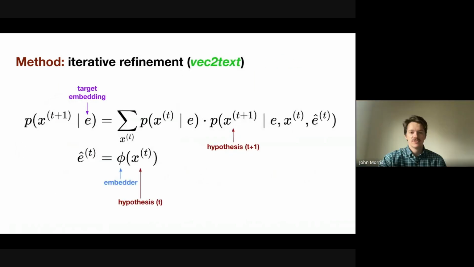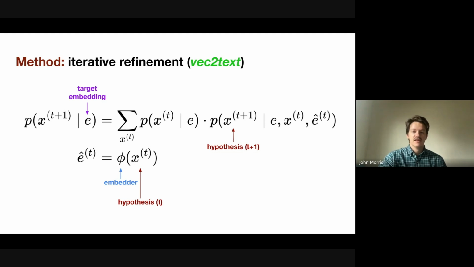So let me show you some results. Oh yeah, there's a probabilistic interpretation, which is you can write the final output of our corrective model as marginalizing over the likelihood of all intermediate hypotheses. But to actually compute this would be really hard.